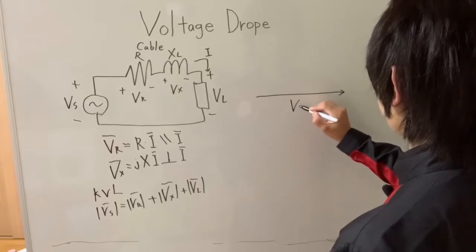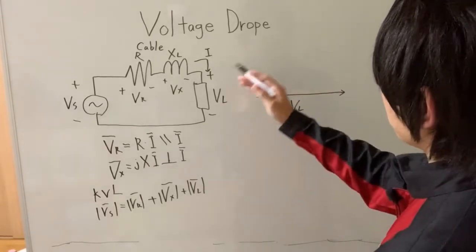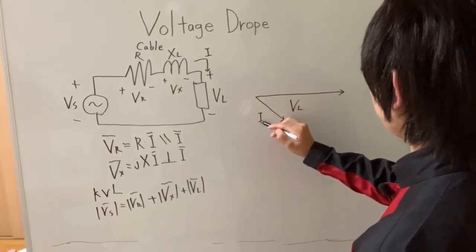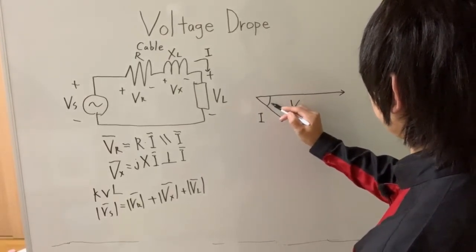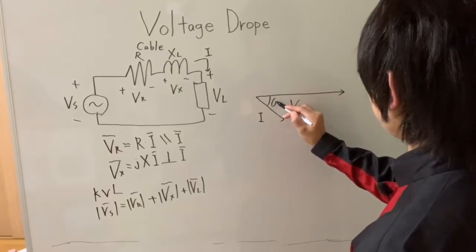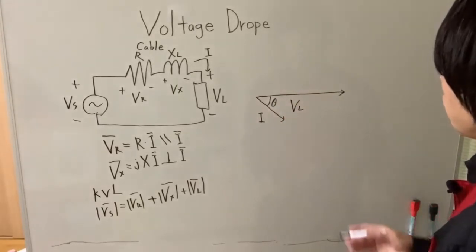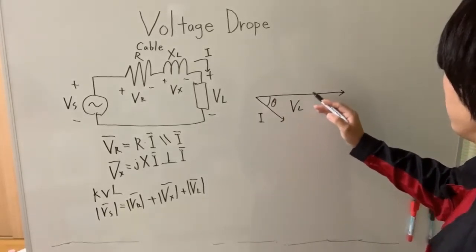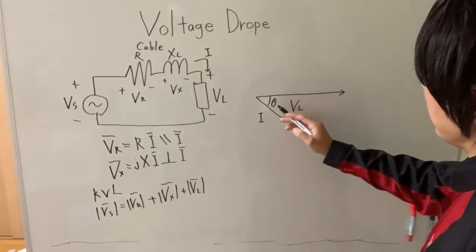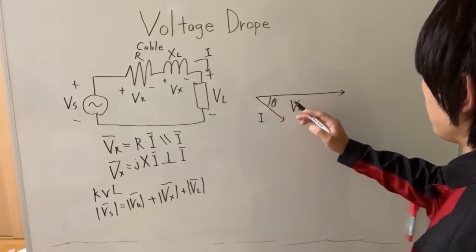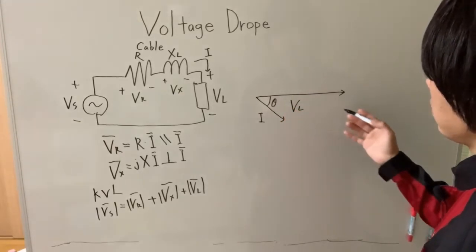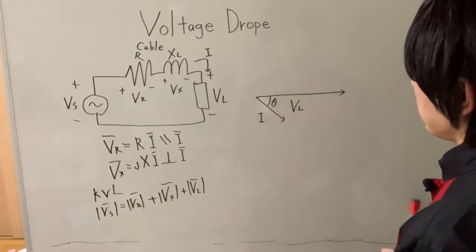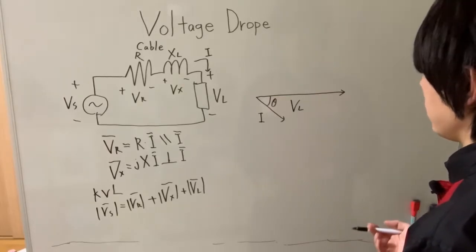VL at 0 degrees, and there is a current I as a phasor, at angle theta. This tells us that the current is lagging behind the voltage by this angle theta, and the cosine of theta is the power factor of this load, so this load is slightly inductive, like induction motors.